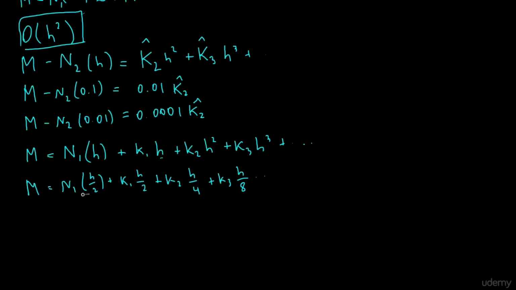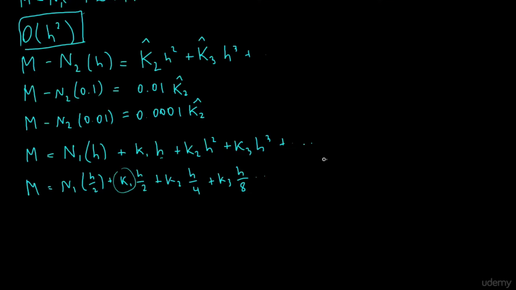What we can do is take this particular line and subtract it from twice the equation above, to attempt to eliminate the term that has the k1 in it.